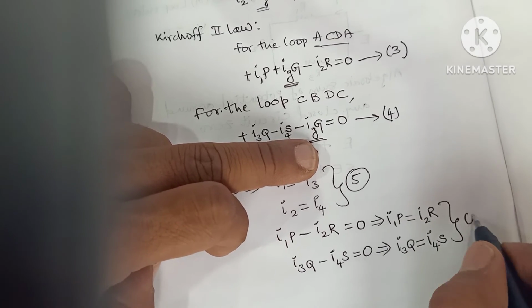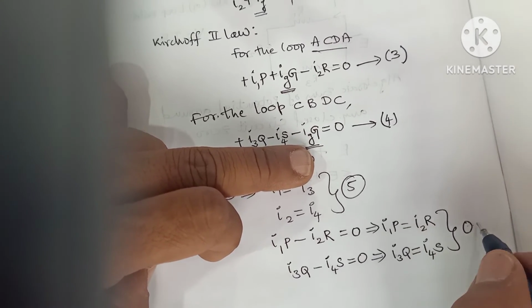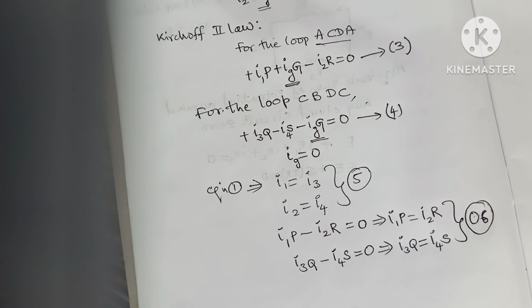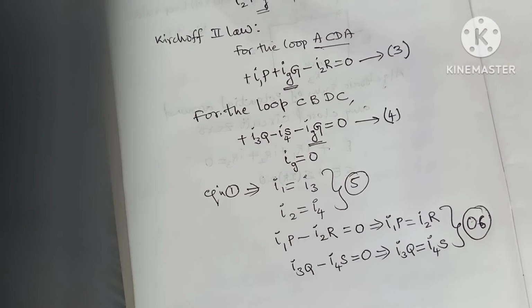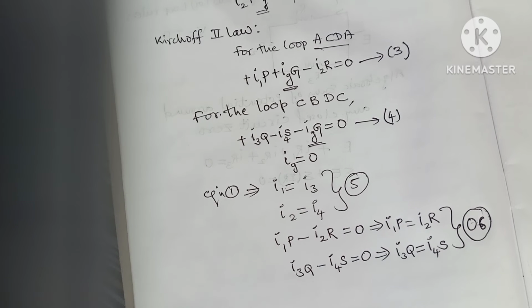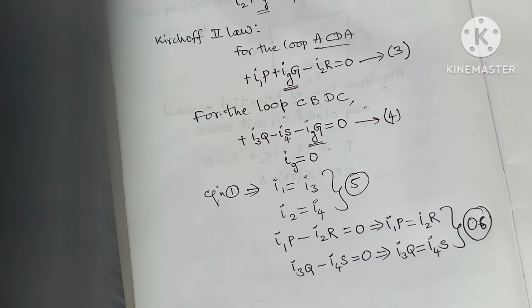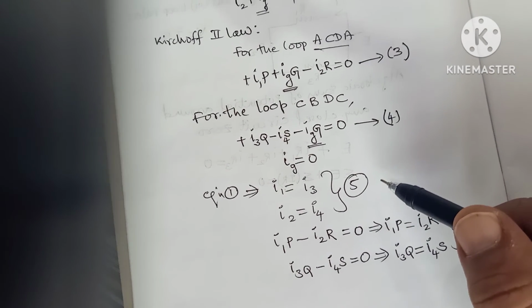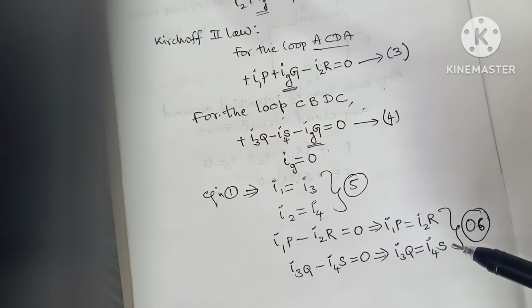Now this is equation number 6. Okay, so after applying IG equal to 0 in equations 1, 2, 3 and 4, we got these equations, equation 5 and equation 6.